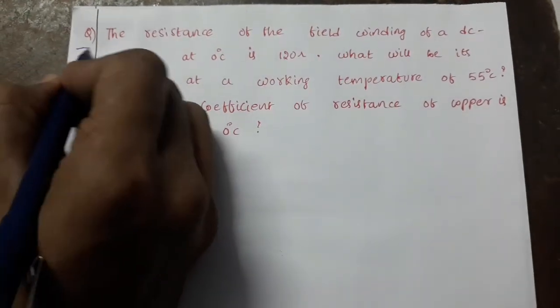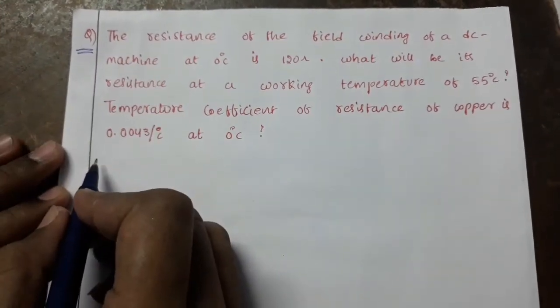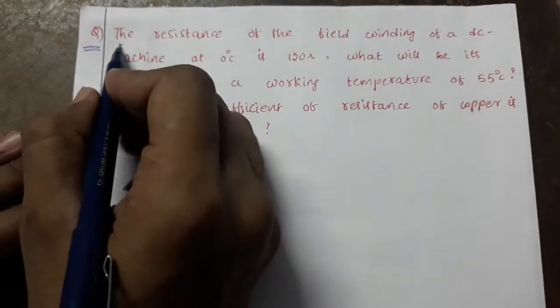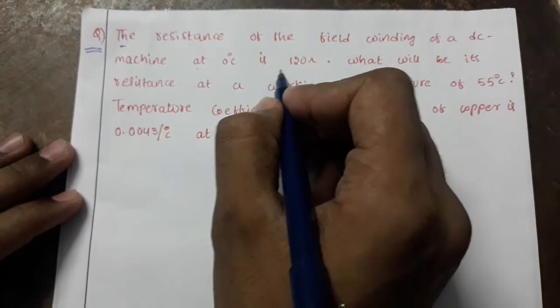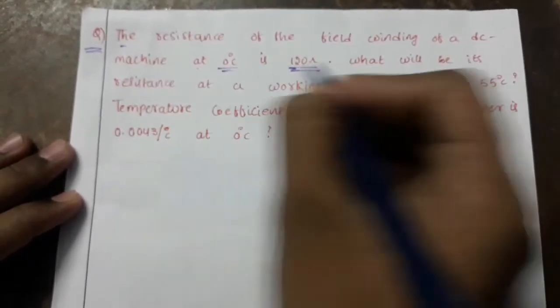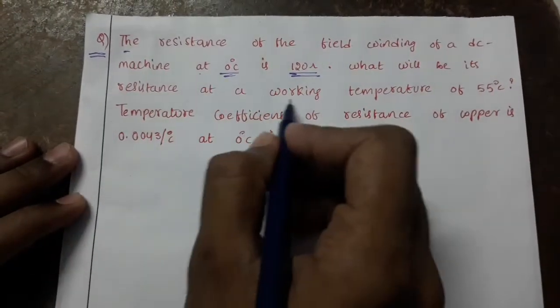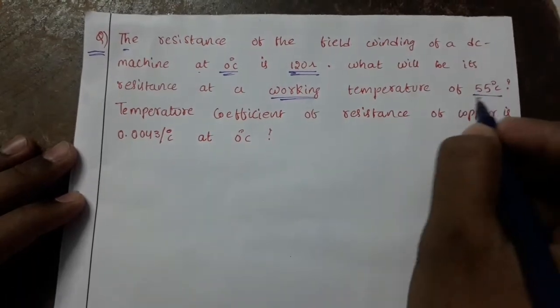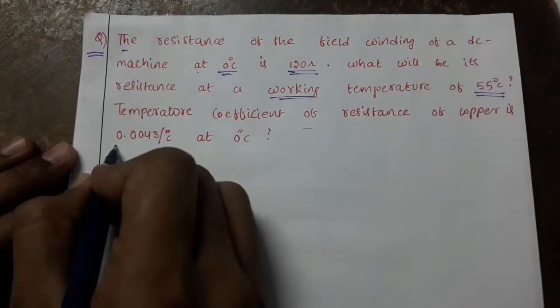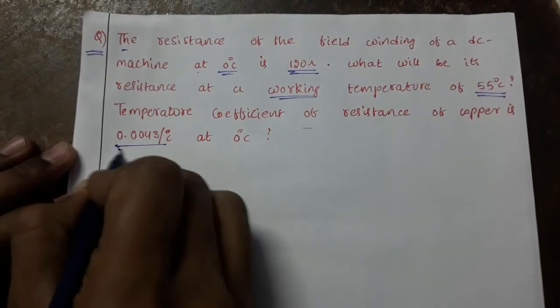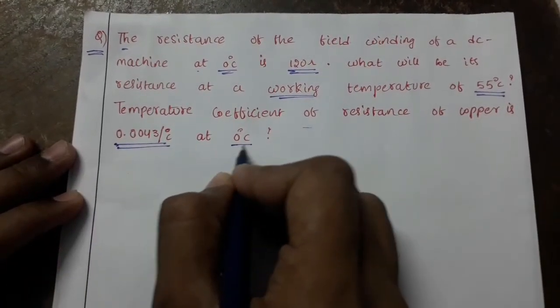Friends, this question is related to temperature coefficient of resistance. The resistance of the field winding of a DC machine at 0 degrees is 120 ohms. What will be its resistance at a working temperature of 55 degrees centigrade, if the temperature coefficient of copper is 0.0043 per degree centigrade at 0 degrees centigrade?